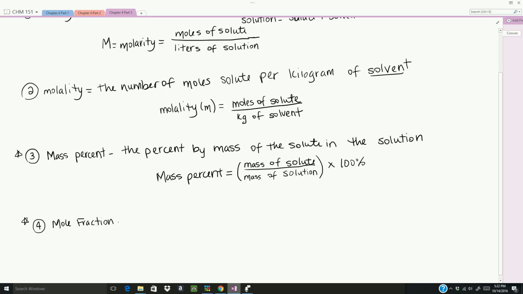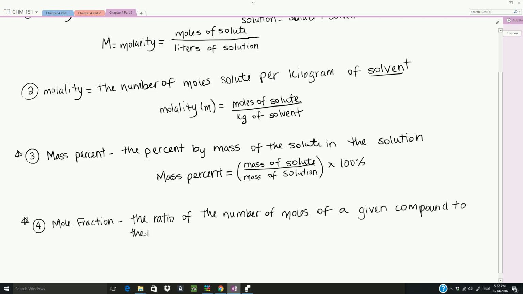Mole fraction is the ratio of the number of moles of a given compound to the total number of moles of solution.